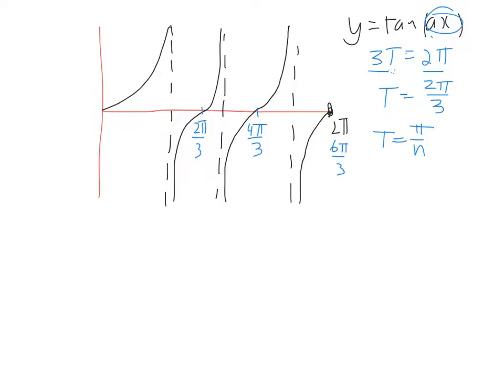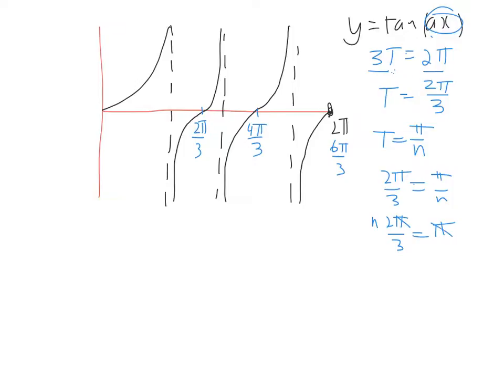So, from there, we know that 1 period is 2 pi over 3, so we say 2 pi over 3 equals pi over n. And from there, let's just multiply everything by n. So we have n times 2 pi over 3 equals pi, divide both sides by pi.